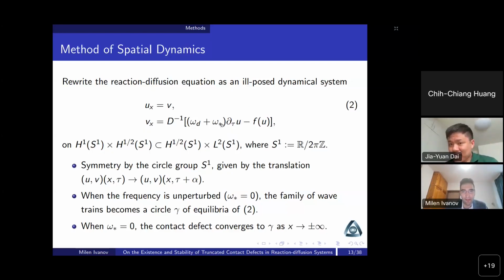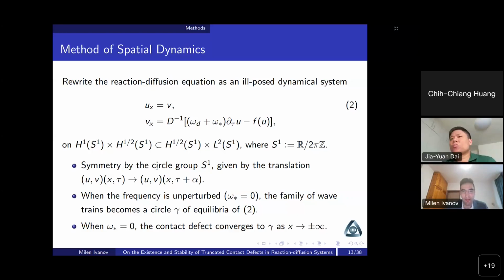I haven't said anything about omega star so far. Later we're going to need to perturb the frequency omega g by a small parameter, so this omega star is a small perturbation. When omega star equals 0, one can check that the wave train which we assumed at the beginning is an equilibrium of this, so the right hand side is 0.